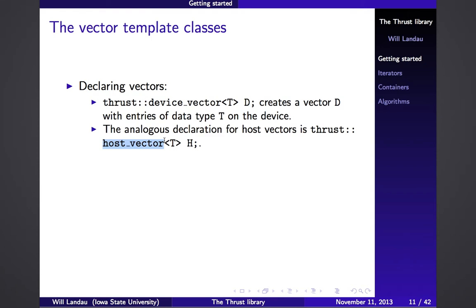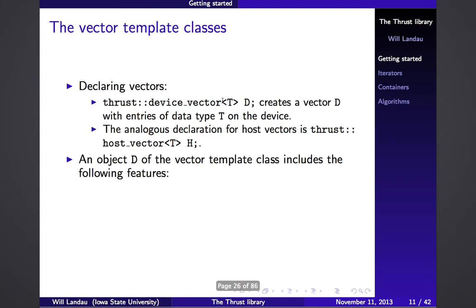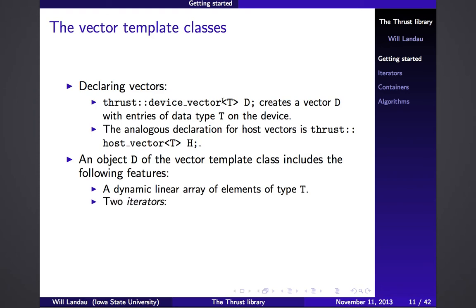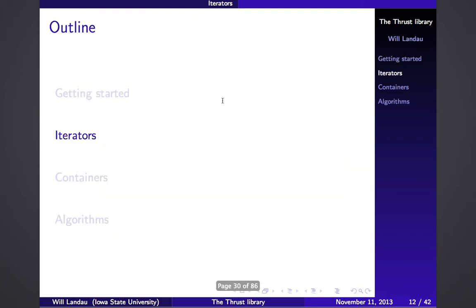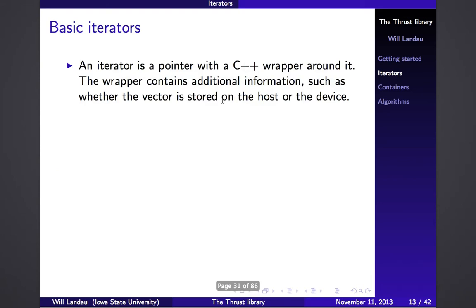And so the algorithms that you call on it won't be GPU accelerated like they would be on the device vector. A vector, like I said, is like an array, but with some other fancy things attached to it. In addition to that array, the fancy things are called iterators. And you get dbegin and dend as your iterators. Well, what's an iterator? I'm going to talk about that now.